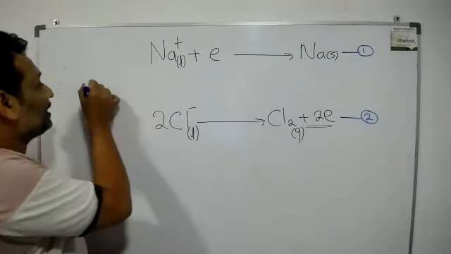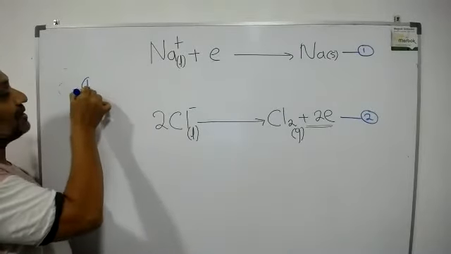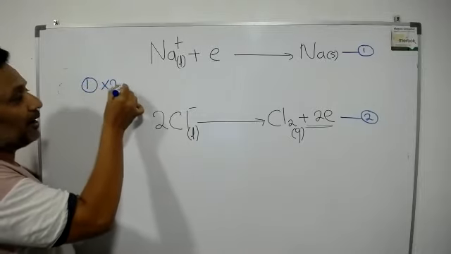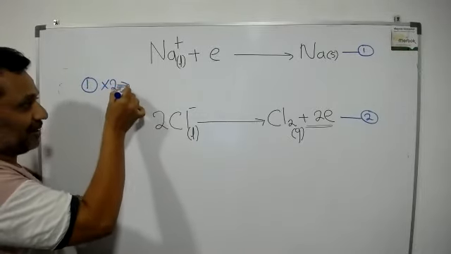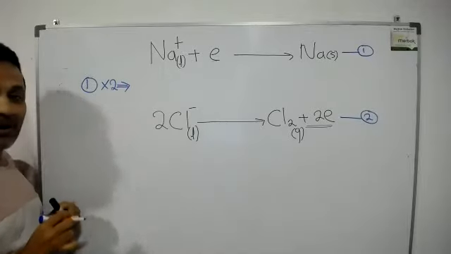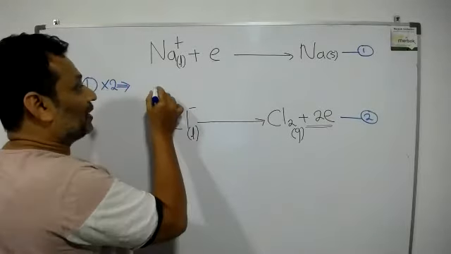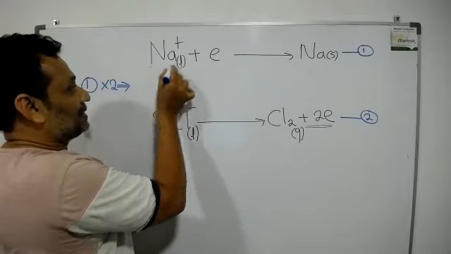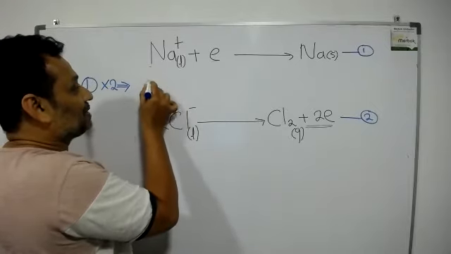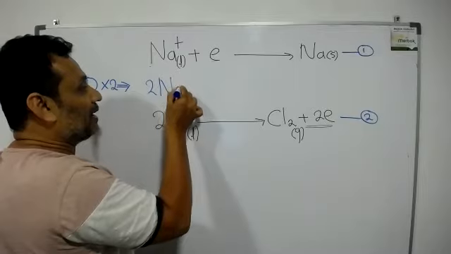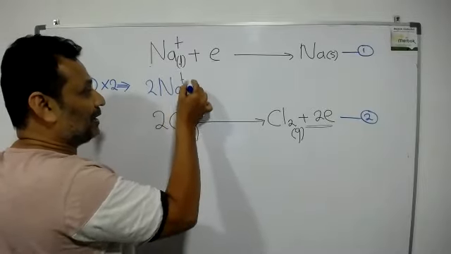I multiply the first equation by 2. Why do I multiply? If I multiply, the electrons will become equal. Multiply this: Na plus multiplied by 2, 2 Na plus liquid.